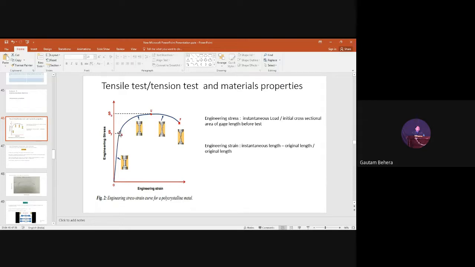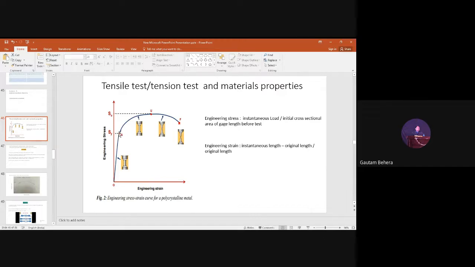Up to this point, from 0 to this much stress, no permanent deformation is happening. You can call it reversible deformation, or non-permanent deformation, or simply elastic deformation.